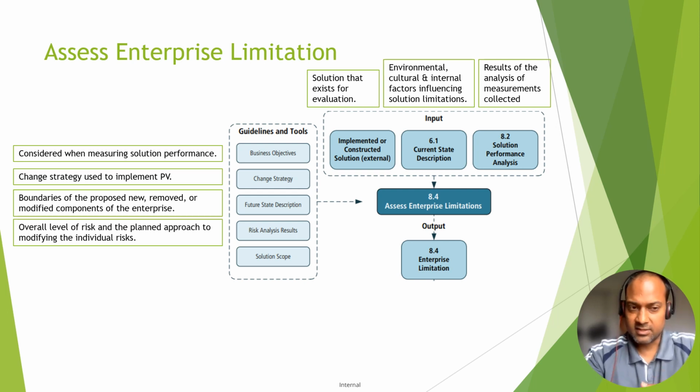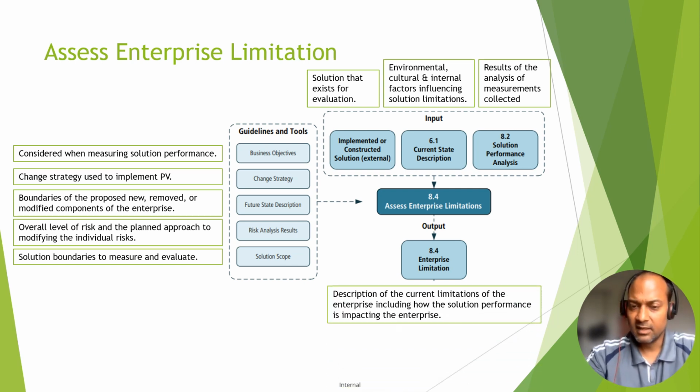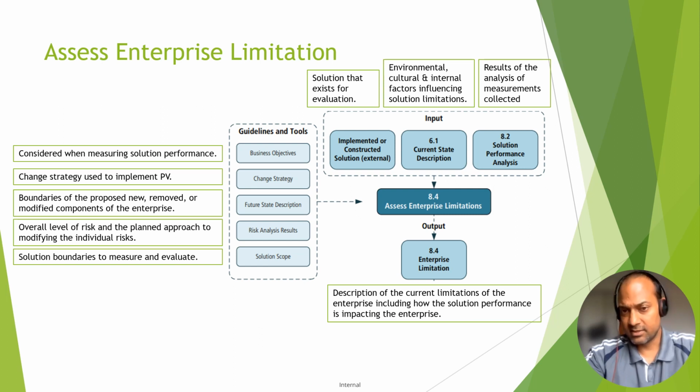So it's like managing the overall level of risk. Then we have the solution scope that talks about the solution boundaries to measure and evaluate. And then finally, what we get is enterprise limitation, a set and a description of the current limitations at the enterprise level, right? That includes how the solution performance is impacting the enterprise.